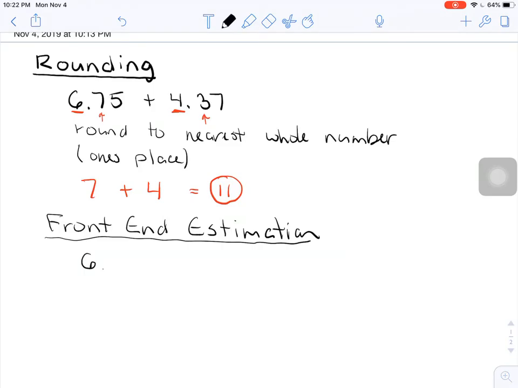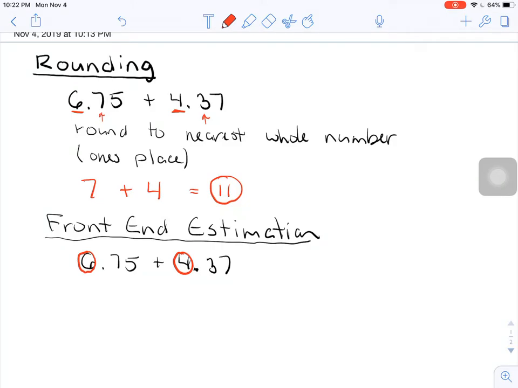So if we have our decimals again, same problem. Rather than actually rounding the number, what we're going to do is we're basically just going to look at the beginning of the number. So in this case, we would look at the first digit, which is the ones digit. So that's the leading digit or the first digit in the number.